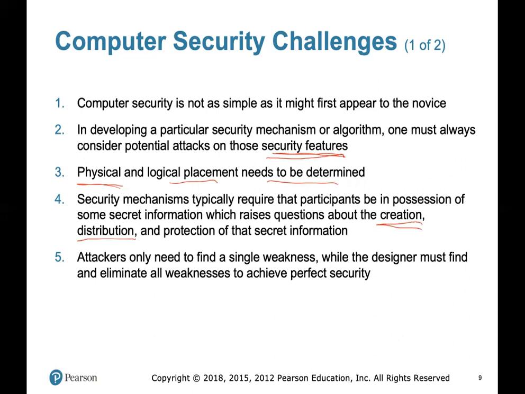So creation, distribution, and protection of that secret information now matter. And if the user or the creator or the distributor cannot make sure that that piece of information is kept secure, the system security also may be compromised.